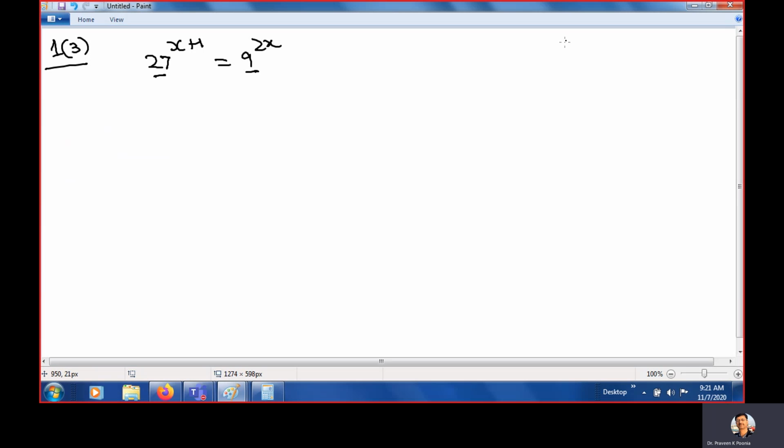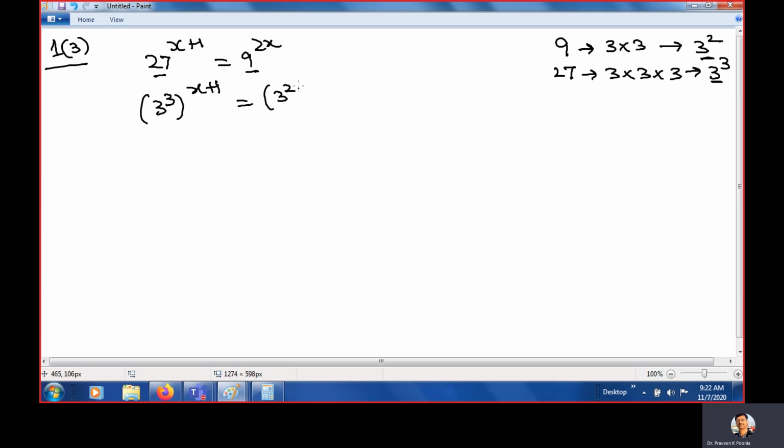So we need to find the multiple: 9 is 3 times 3, and 27 is 3 times 3 times 3. That means 9 may be written as 3 power 2 and 27 as 3 power 3, and both have the same base. So we break it like this: 3 power 3 to the power x plus 1 and 3 power 2 to the power 2x.